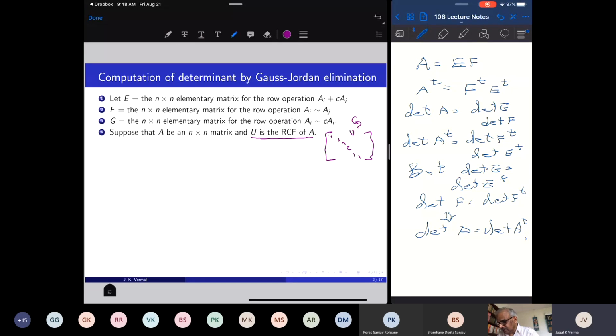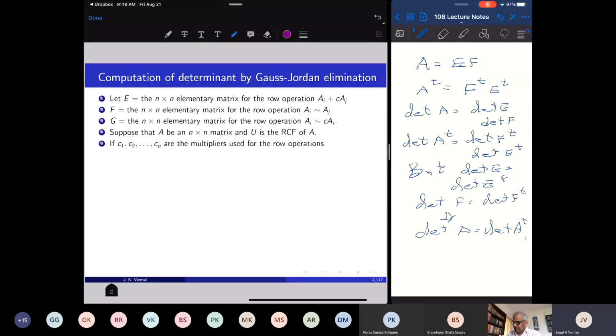If all the row vectors in the row echelon form are non-zero, then when we convert that row echelon form into row canonical form, we get the identity matrix. So the row canonical form of an n by n matrix has two possibilities: either it is the identity matrix or the last row is a zero row. So let U be the row canonical form of A.